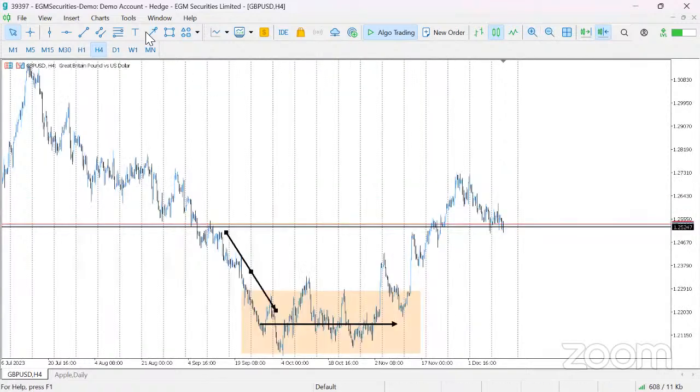And once that happens, for example, at this point here, then you can say there are more buyers than sellers, and the path of least resistance is to go up. And in this case, we had this upward swing until this point over here.